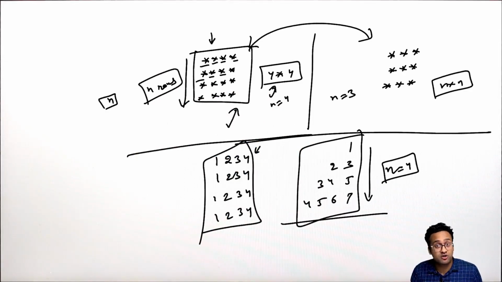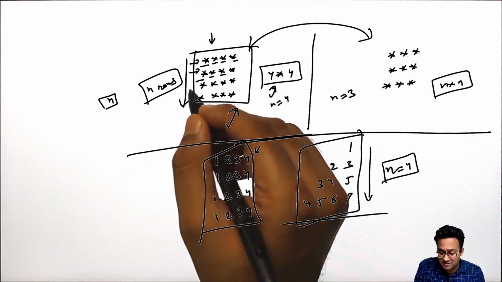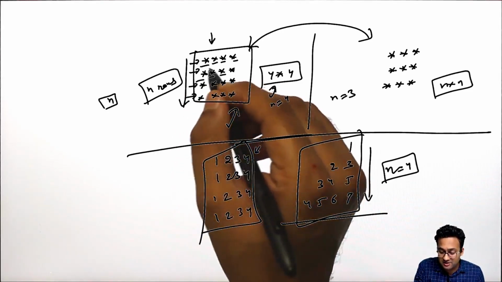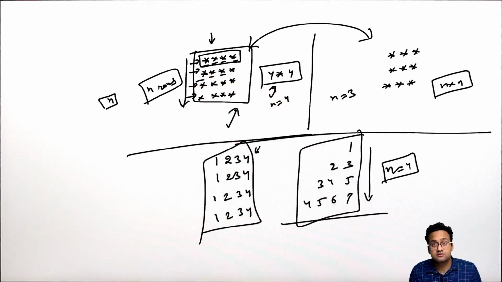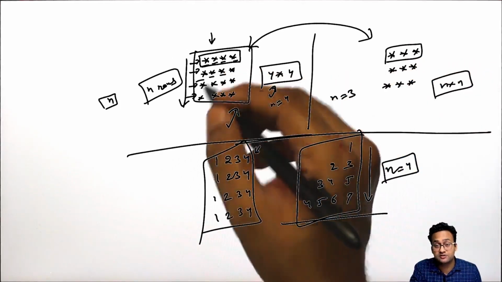Now once you've decided how many rows you have, think of how to handle each individual row. Here, every row is similar. Every row has n stars, not 4 stars, n stars. Why? Because if n was 3, you will have 3 stars and not 4 stars.